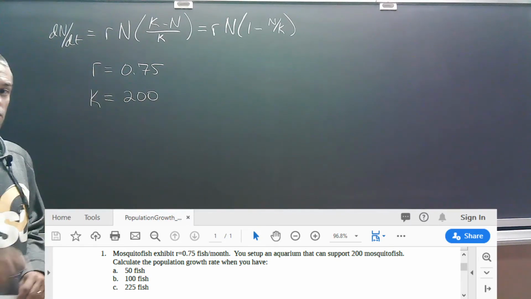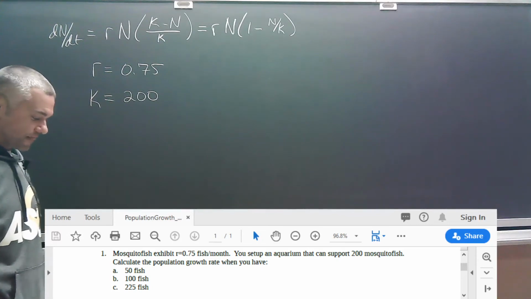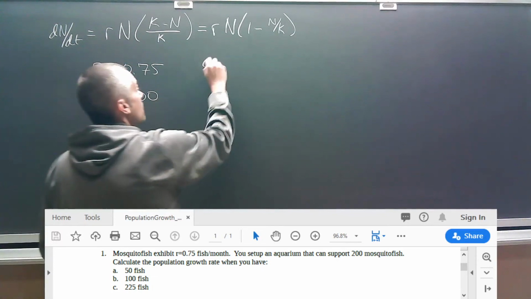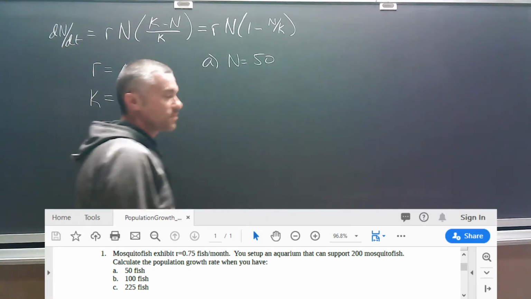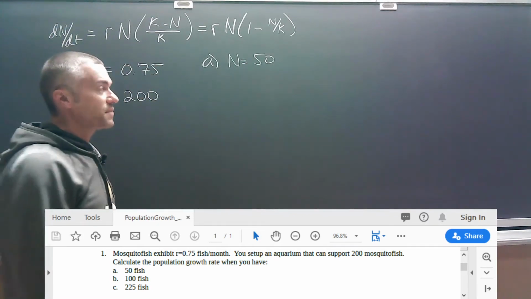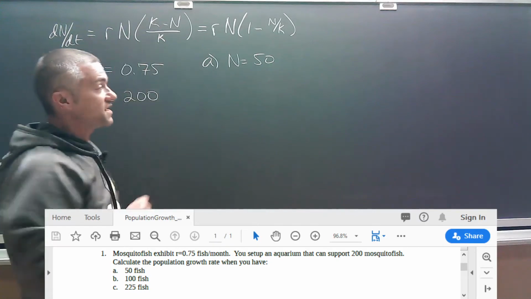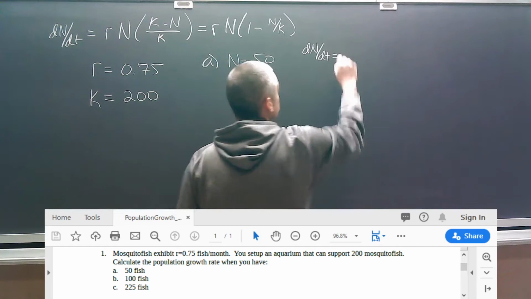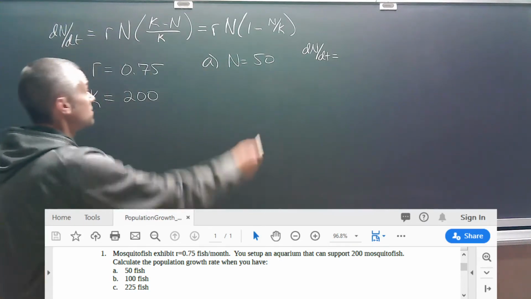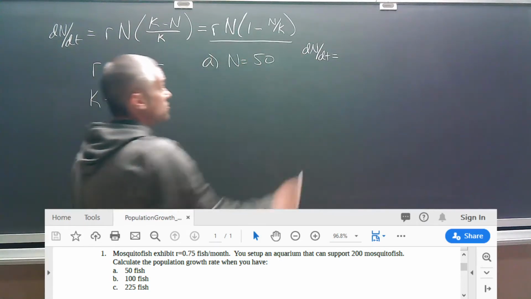So we're going to start with our first problem, A. We start with 50 fish. Now what is our population growth rate? Well, our population growth rate is going to use our dN over dt equation. So dN over dt is equal to this equation, and I'll use this equation.